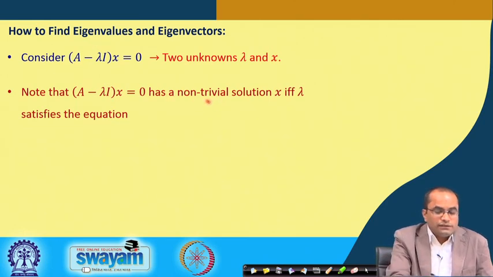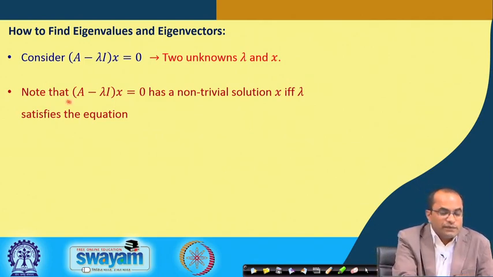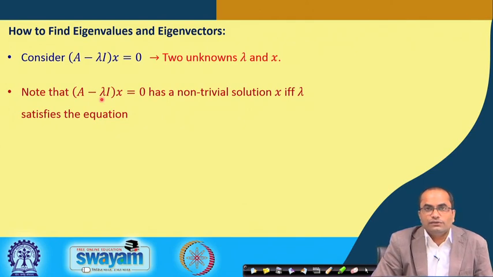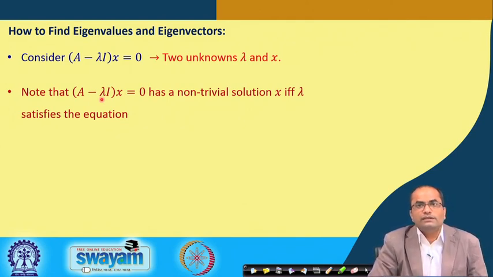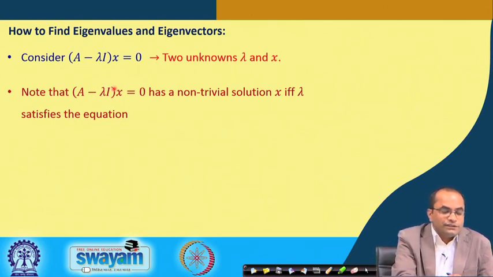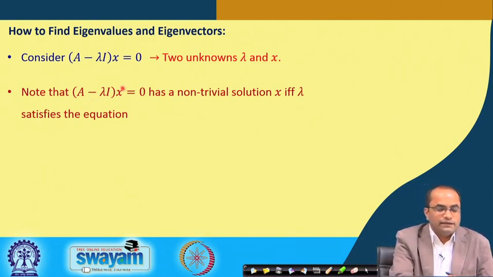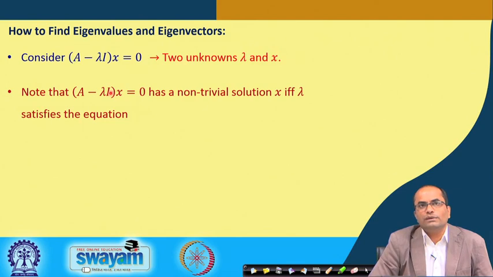So, what other information do we have? We are looking for a non-trivial solution x. This equation A minus lambda I x has a non-trivial solution, which we have already studied in the previous lecture, if and only if the determinant of A minus lambda I is 0. If the determinant is not equal to 0, then there will be a unique solution, and that will be the trivial solution, meaning x will be 0.